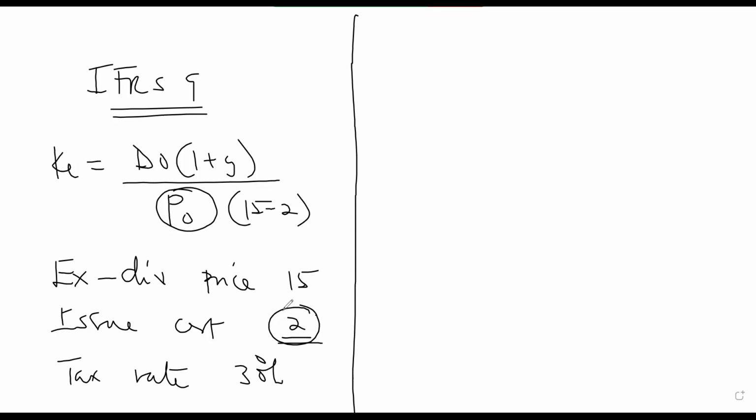So in actual sense, if we don't incur this issue cost, we'll be paying 30% tax on all the profits. But if you incur the issue cost, the tax authority will allow you to subtract the issue cost from your profit before they charge tax. So the issue cost will be reducing your tax liability by 30%. You are enjoying a tax benefit of 30% on it.